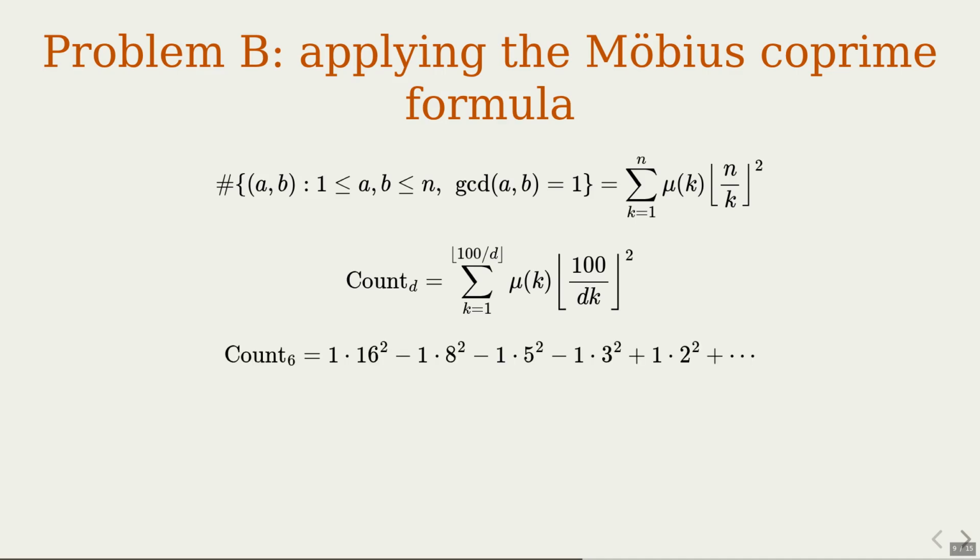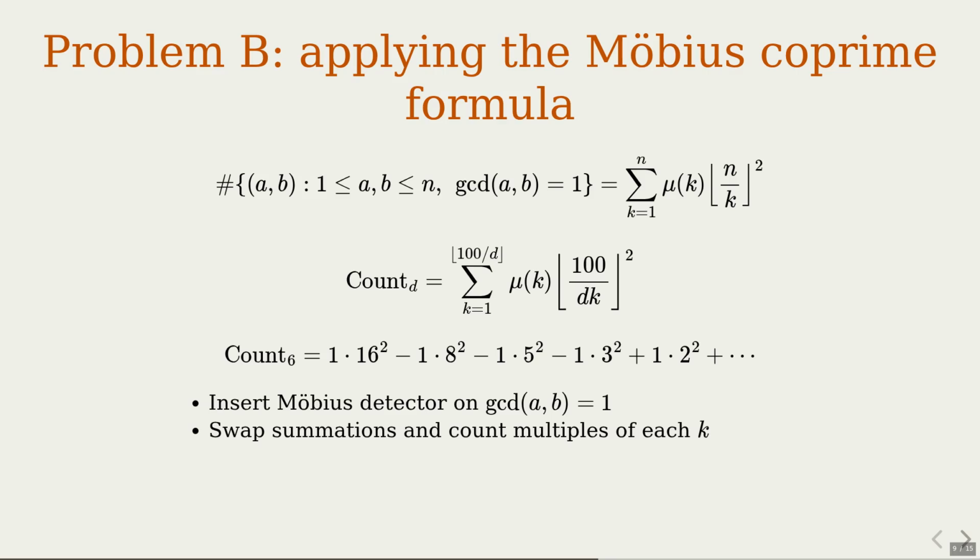For d equals 6, we get terms like 1 times 16 squared, minus 1 times 8 squared, minus 1 times 5 squared, minus 1 times 3 squared, plus 1 times 2 squared, and so on for each square-free k up to 16. The formula comes from writing 1 if a and b are coprime as a sum involving mu over divisors of their greatest common divisor.